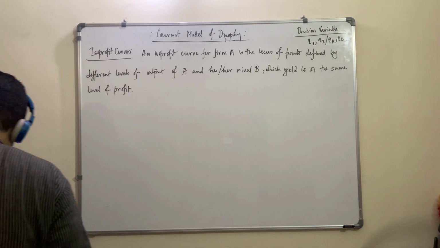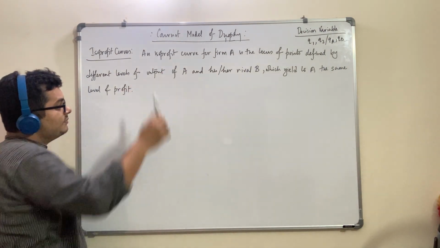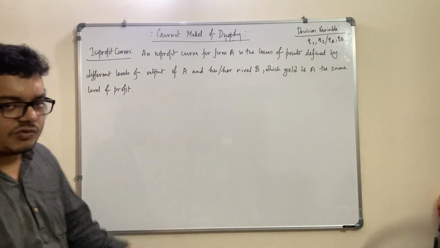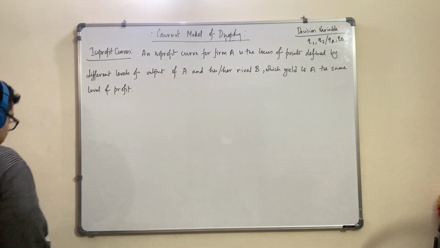So we got our name correct. Iso means same, and profit, something like isoquant, isocost, isoprofit. But the curves are very different.